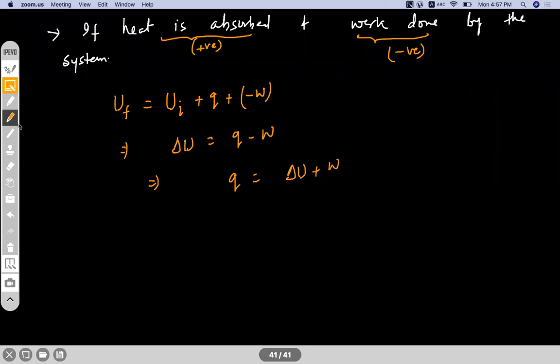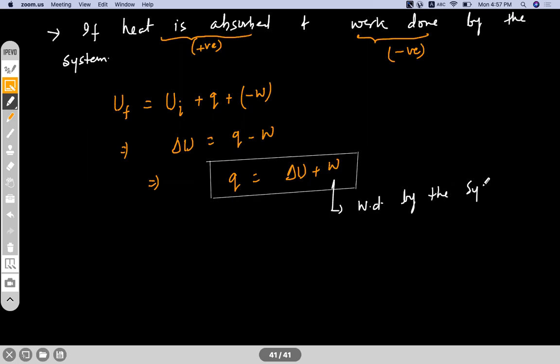When you write this expression, it means work done by the system.